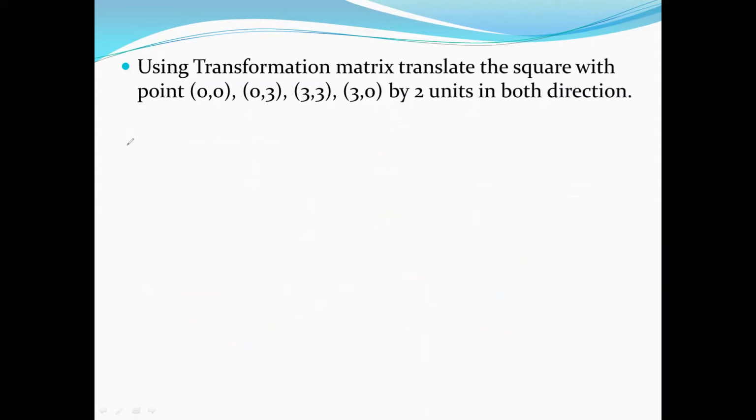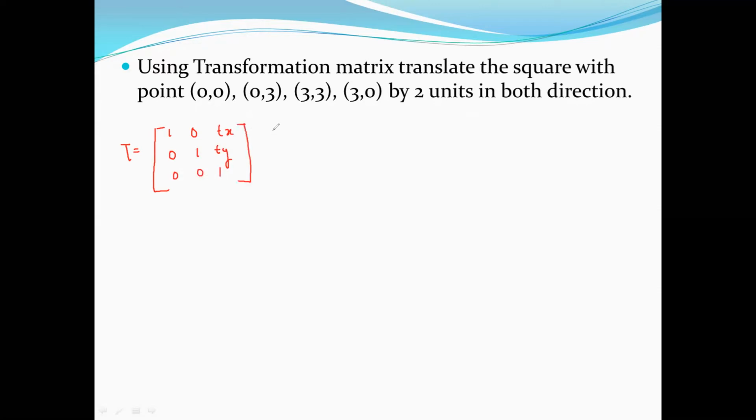Here again I am writing the translation matrix T. It is nothing but 1, 0, and what is the translation amount? 2 in both directions. That means the translation matrix is 1, 0, tx, 0, 1, ty, and 0, 0, 1.